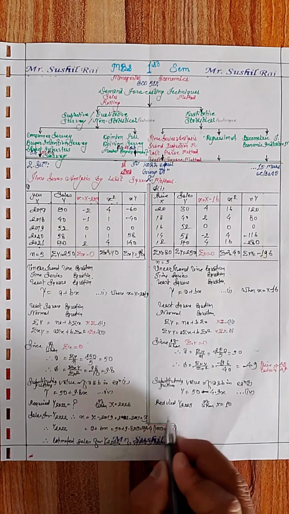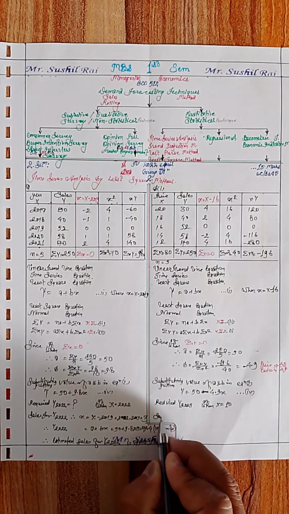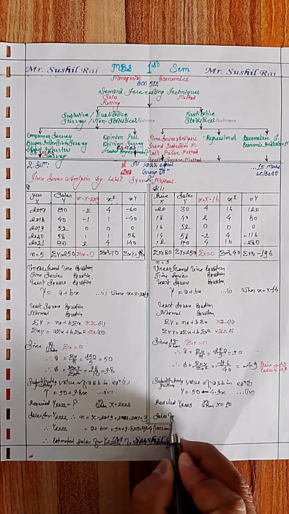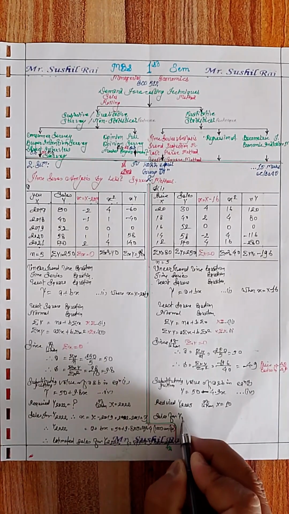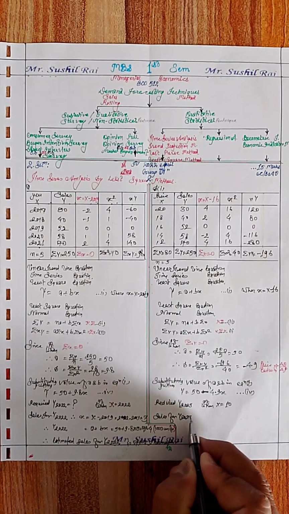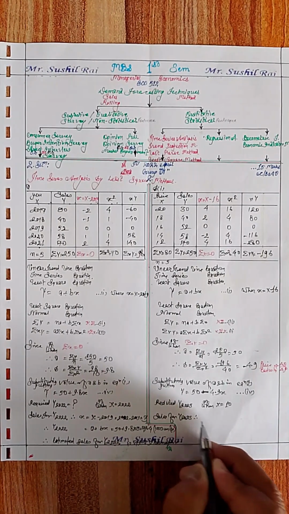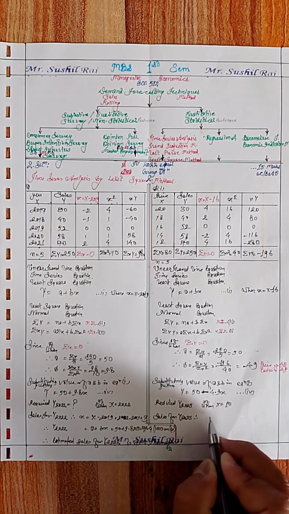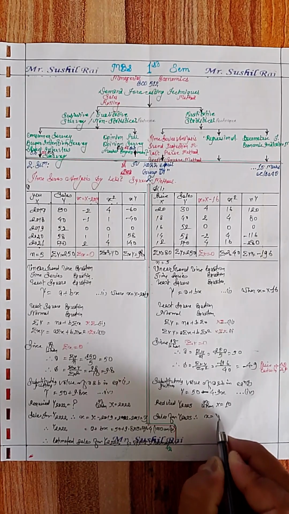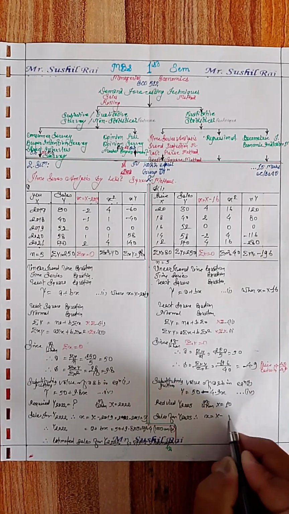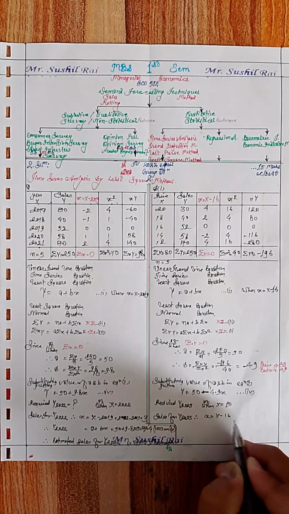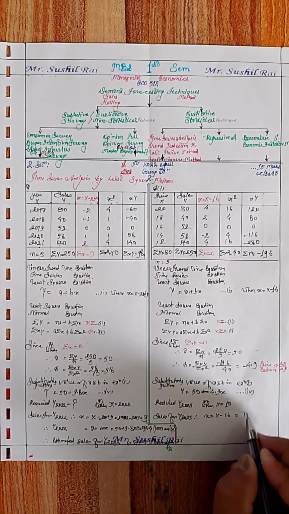Sales for the year 2023, therefore x is equal to x minus 16, which is equal to 10 minus 16, which is equal to minus 6.